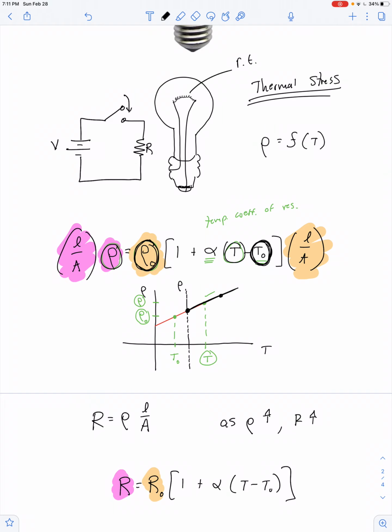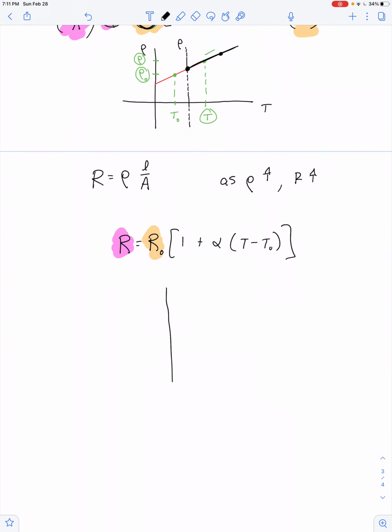And so its resistance is really low. So we'll say this represents room temperature. That's our value of T naught. And so the resistance value is pretty low at that point.